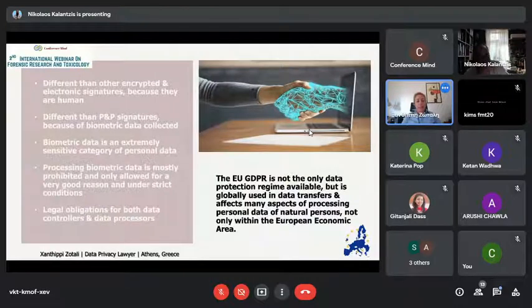And the legal obligations when processing biometric data come not only for data controllers, but also for data processors. And in order to understand the role of a forensic examination laboratory or a forensic examiner in this situation and be able to place them correctly in this legal chain, we have to know who is who.